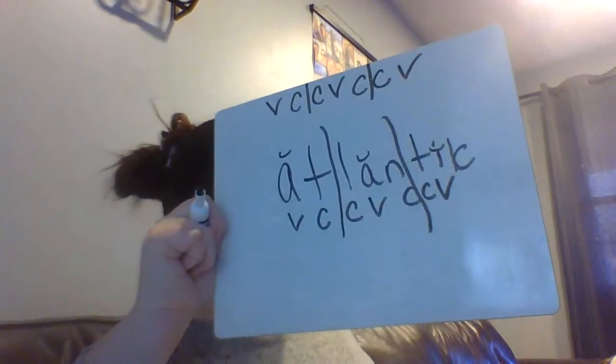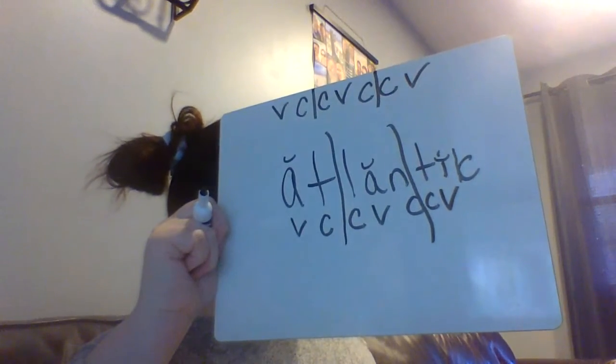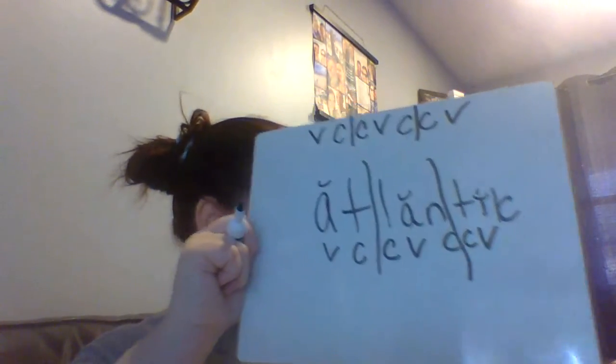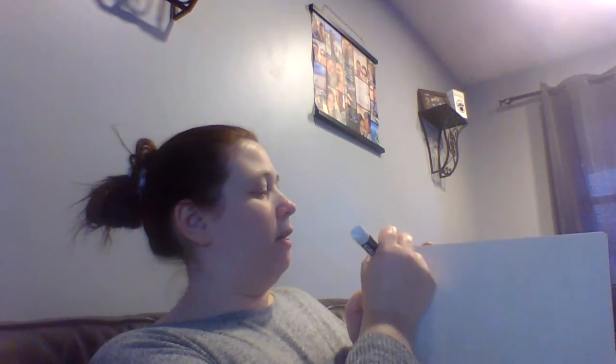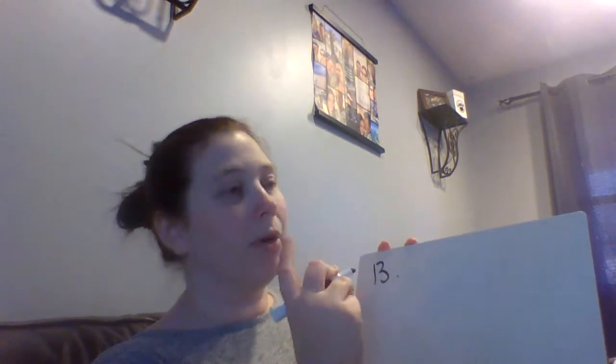All right. Let's practice on 13, 14, and 15. We're going to go through and do a couple other words that we're going to spell, and we'll code them. On number 13, we're going to spell September.